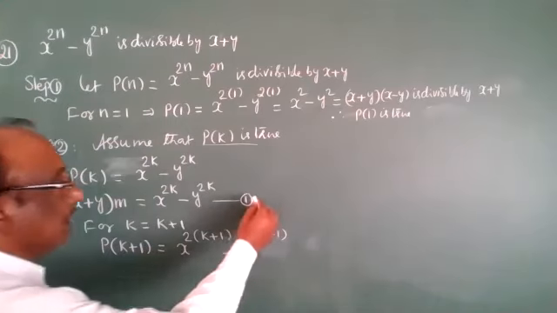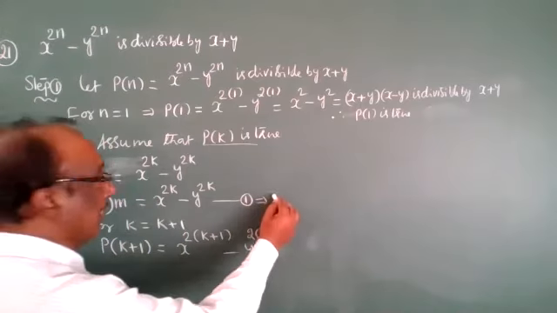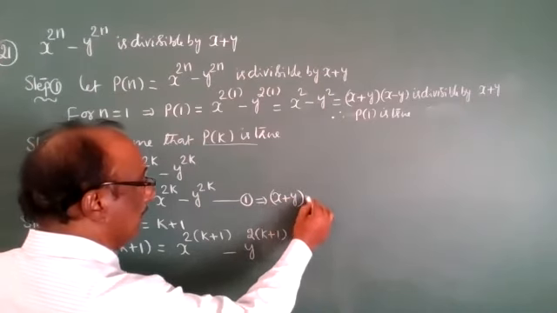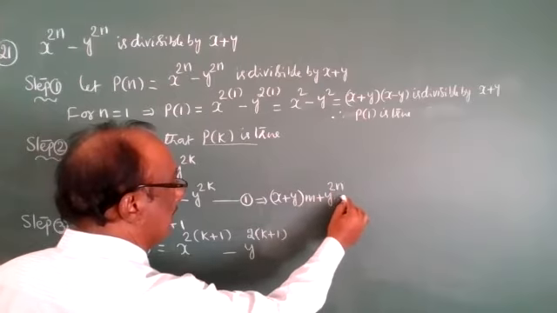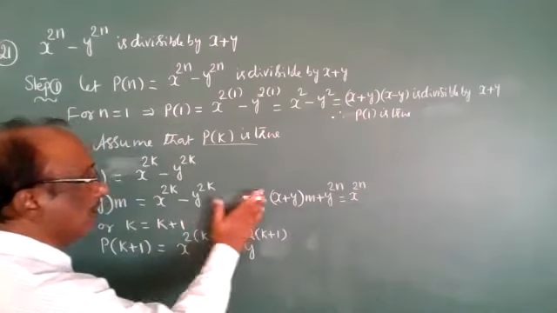Right. My equation 1: x power of 2k value is x plus y into m plus y power of 2k is equal to x power of 2n. This is equation number 1.